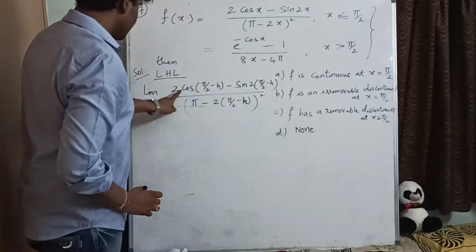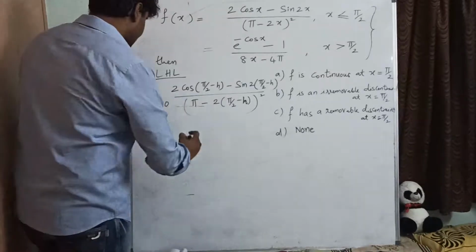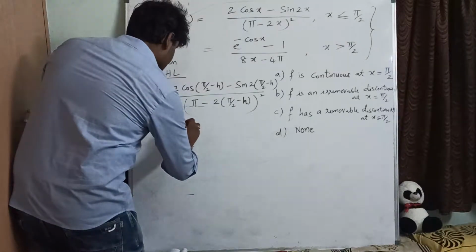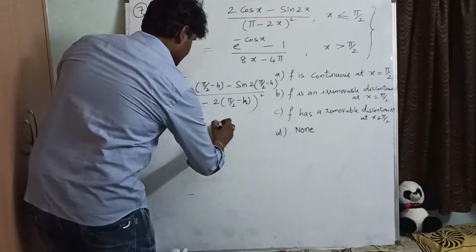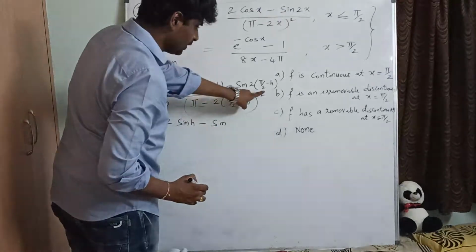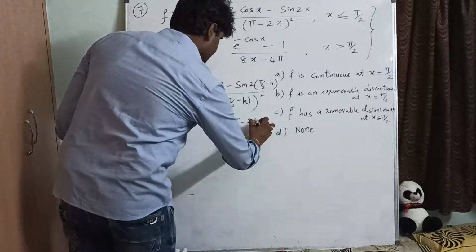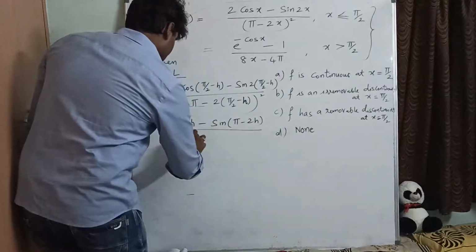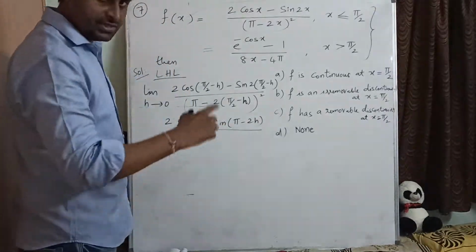Now here 2 cos 90 minus h, cos of 90 minus theta is sin theta. So what can I write? 2 sin h. Then sin, when I take 2 inside, the 2 gets cancelled, so pi minus 2h. Sin of pi minus 2h we can write as sin 2h in the next step.